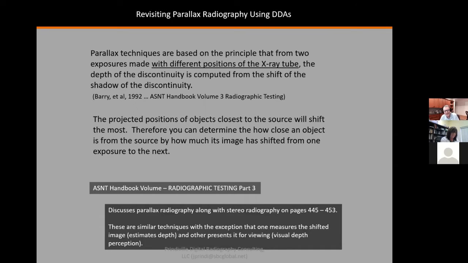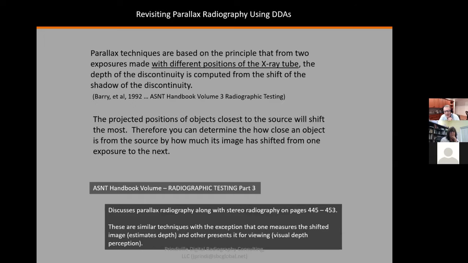So here's the basis from film. Parallax techniques are based on the principle that from 2 exposures made with 2 different positions of the X-ray tube, the depth of the discontinuity is computed from the shift of the shadow of the two indications of the discontinuity.